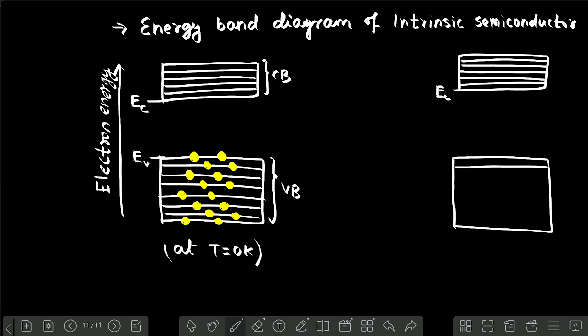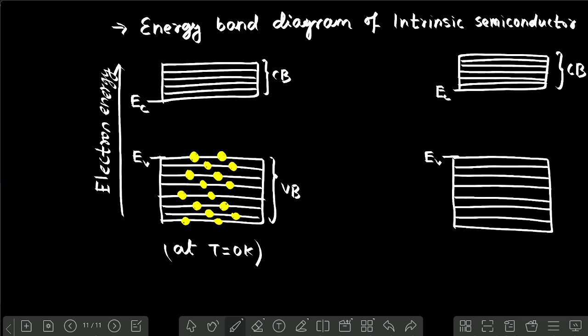All energy levels keep inside. Similarly, take electron energy here. This one you write EV. This is your conduction band, this is your valence band VB. Conduction band is CB.